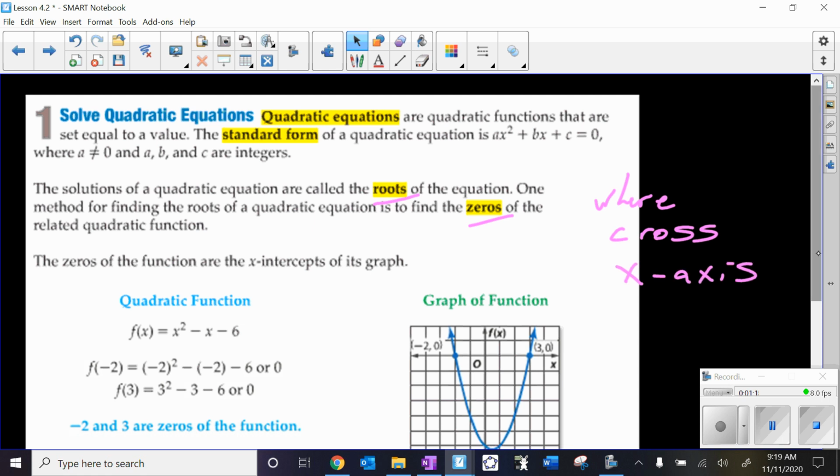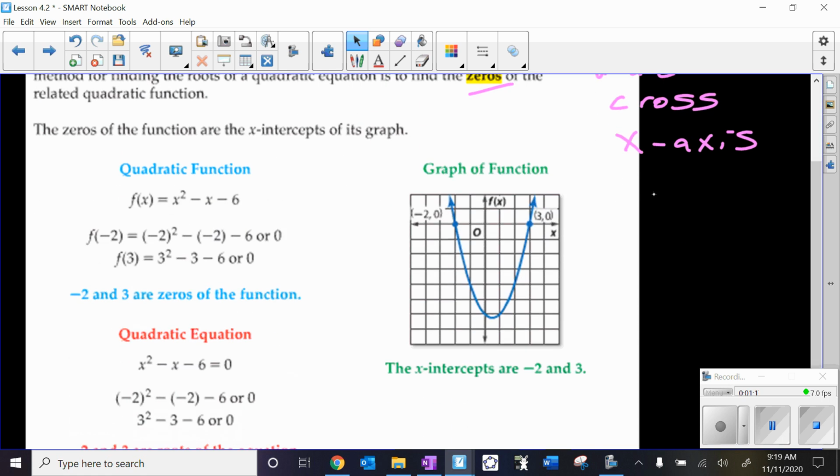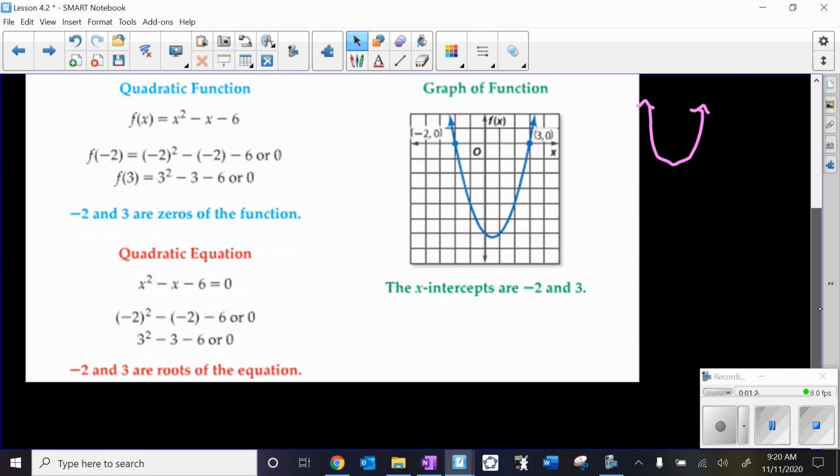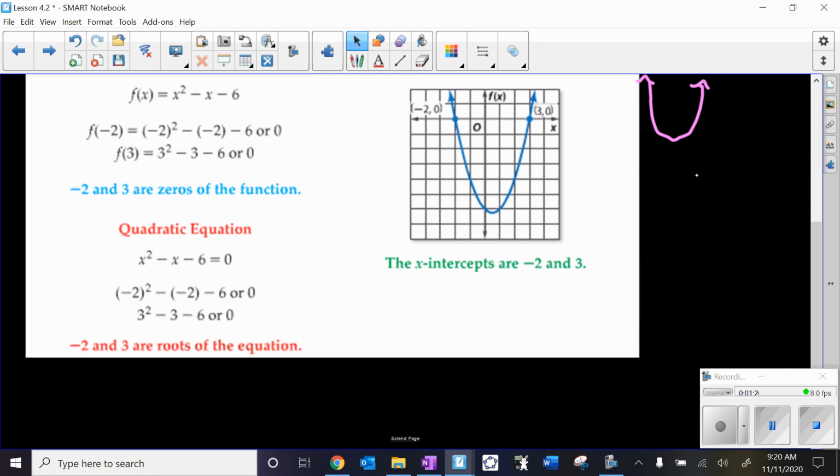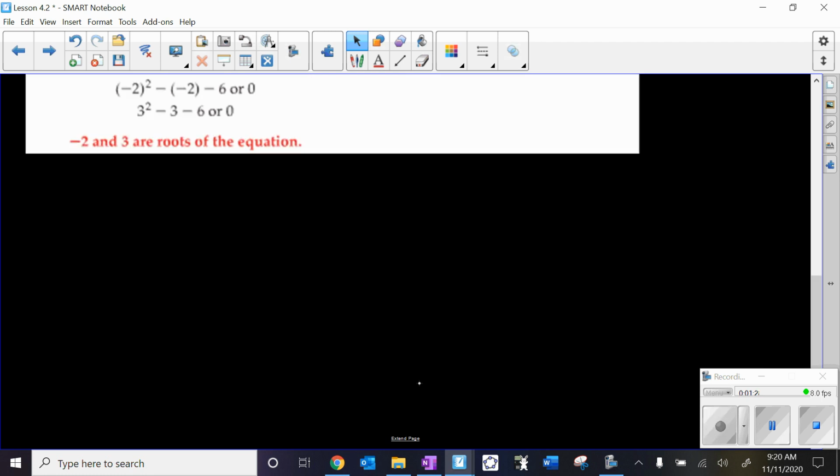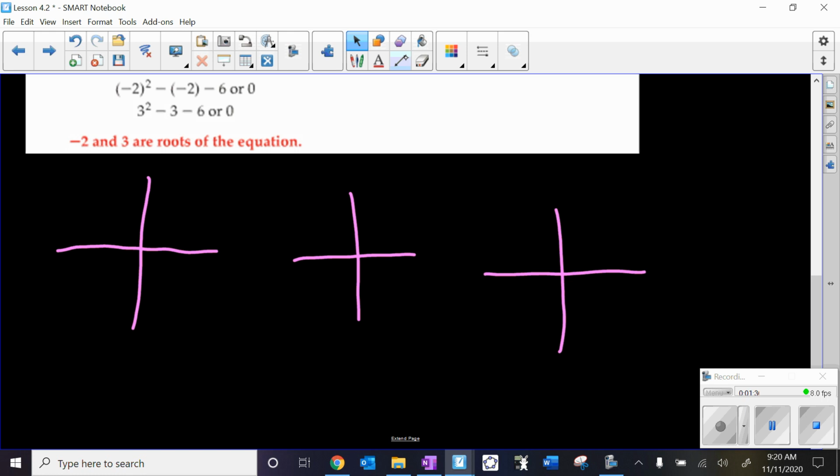And if I think of a quadratic function, again, it looks like a U. We know that. So if I think about my options here on a coordinate plane, I really get 3 options. I'll draw 3 random coordinate planes here.